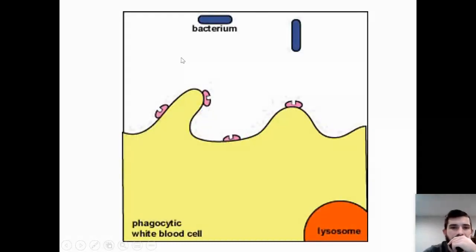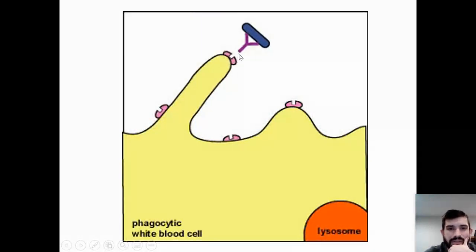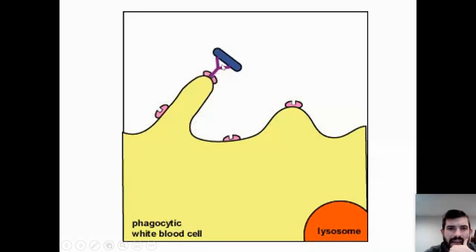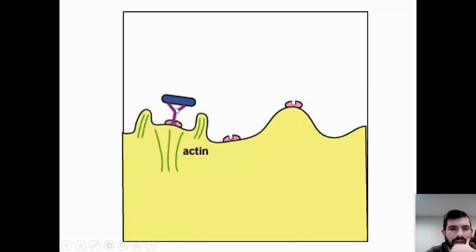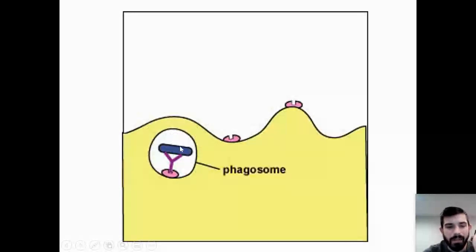So you take a pill. That pill is an antibody. Your white blood cell uses the antibody to attach to the bacteria so that it can swallow it up. This is a process called endocytosis. We're going to go over that later.